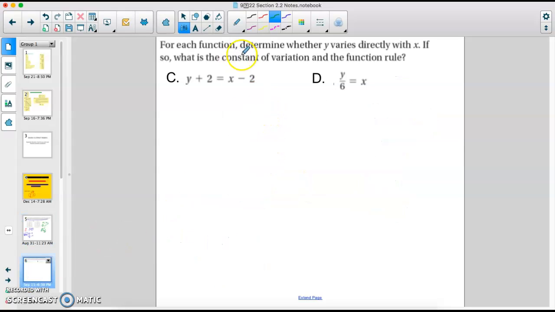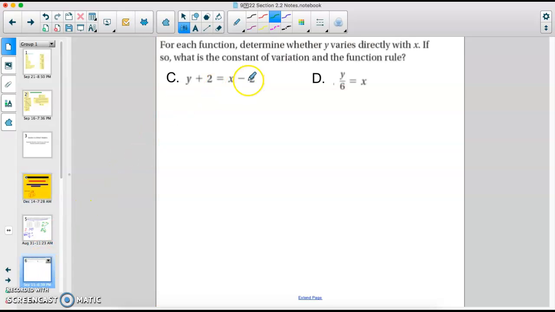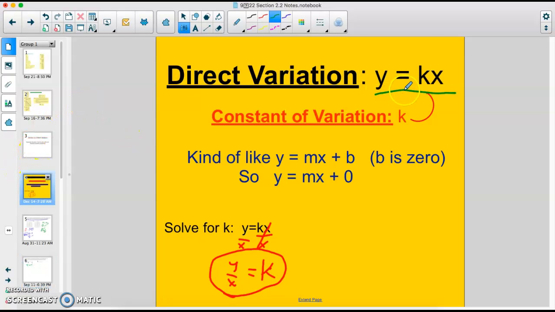All right, so for each function, determine whether y varies directly with x, and if so, what is the constant of variation and the function rule? Okay, so first off, we need to get y by itself, because that's our equation for direct variation, right? And so in order to get y by itself, we subtract 2. We get y equals x minus 4. Now, does that look like this?